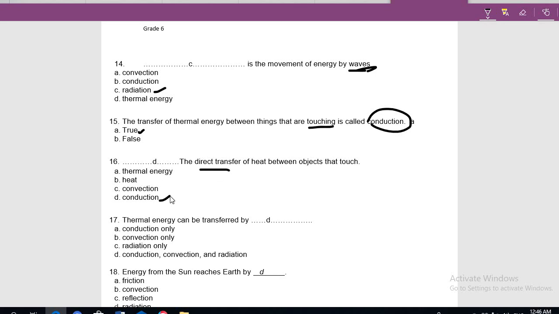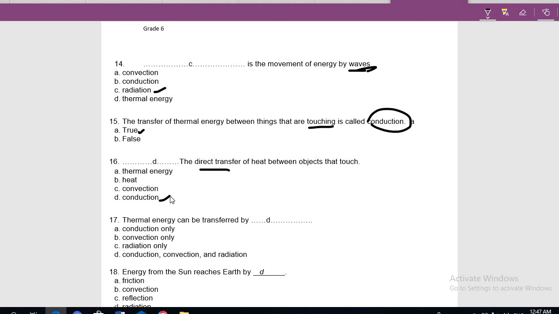When you touch a cup of tea, there is direct transfer of heat from the teacup to your hand. This is direct contact, called conduction.